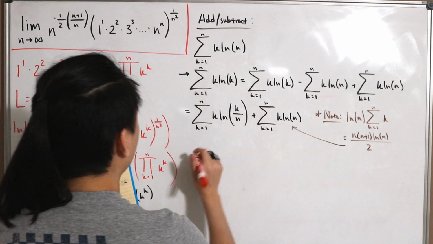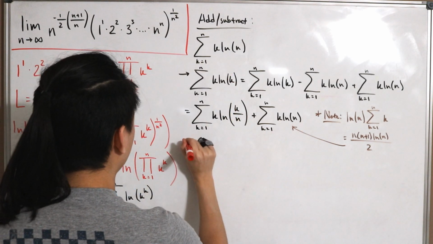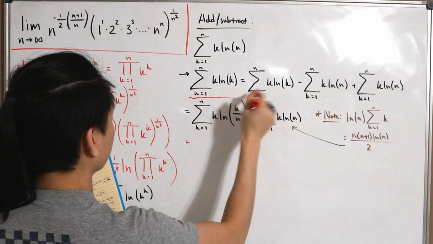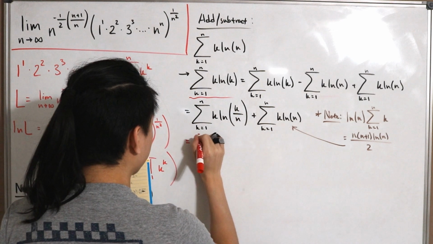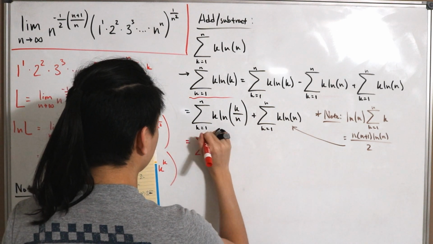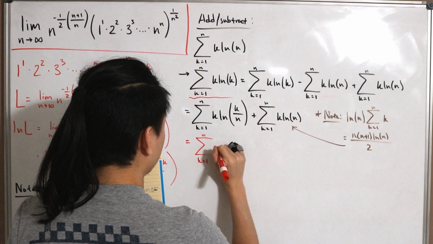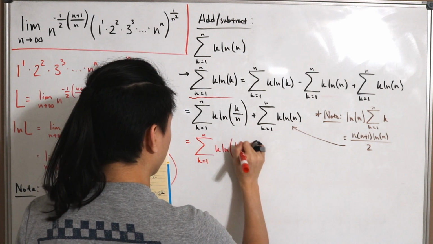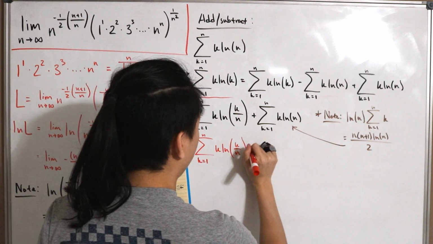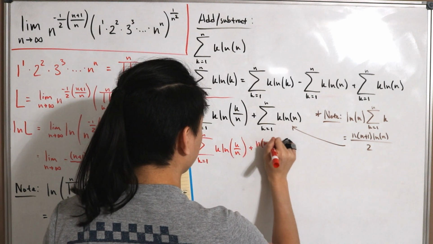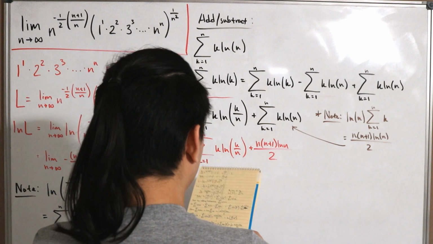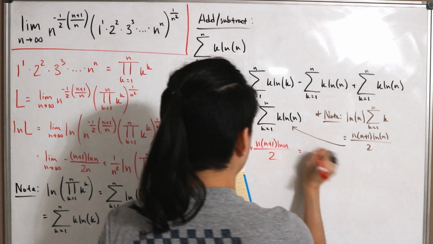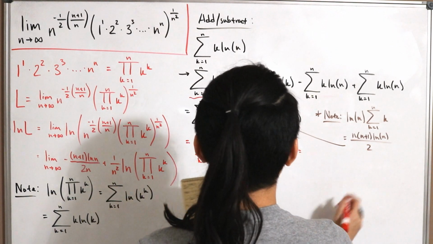So we have so far the partial sum of k times ln of k divided by n, then add this with n times n plus 1 times ln of n, divided by 2. With all this, it is clear that this is as far as we can go.